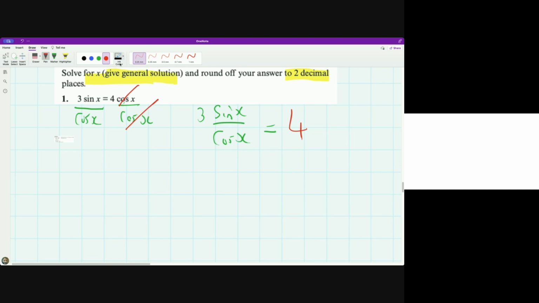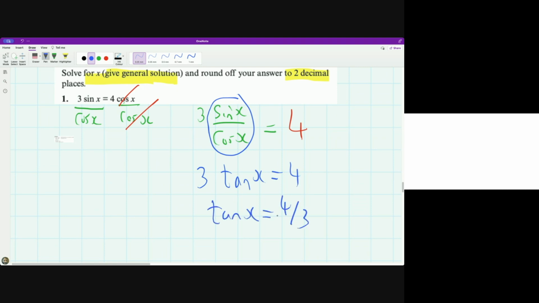But hold on, isn't there a trig identity that deals with sine x over cos x? What is that the same as? It's tan, yes. So now can you please find me the general solution for this trig function?